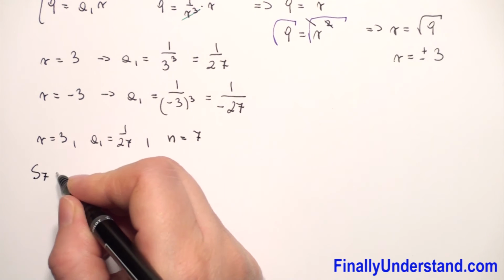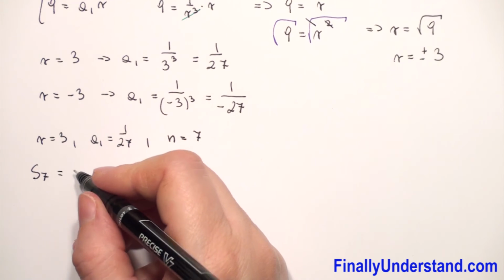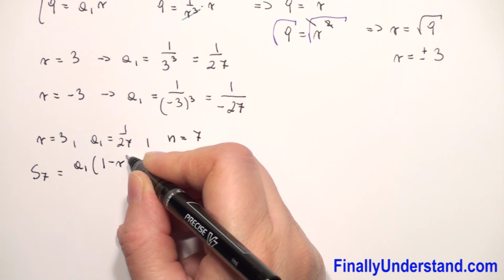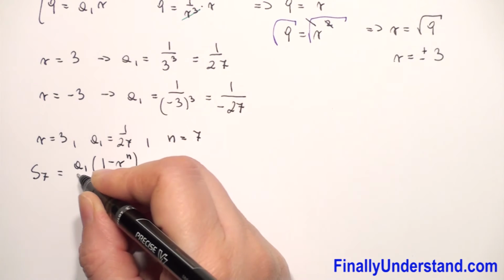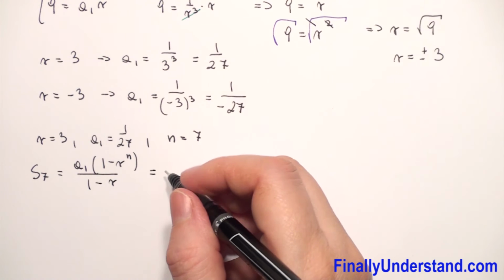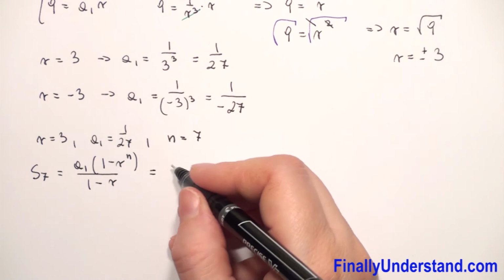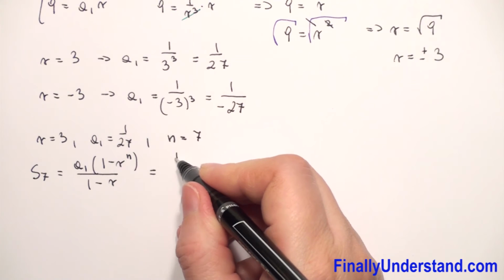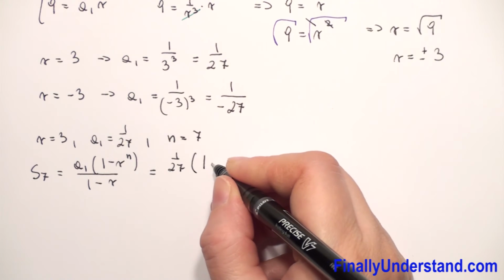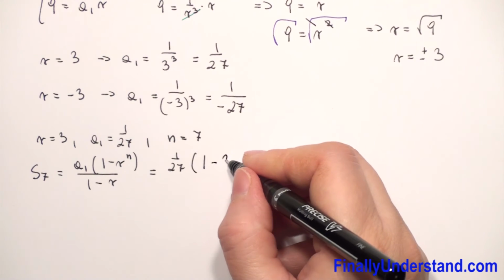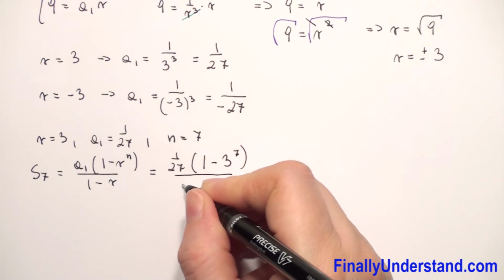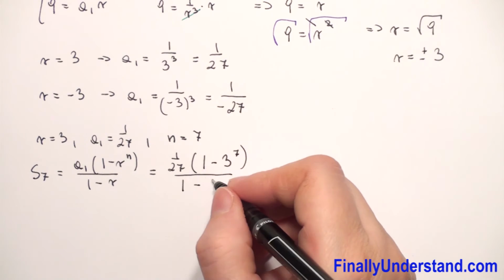So S7 is equal to, let me copy this formula one more time, a1 times (1 minus r to power n) over 1 minus r. So this is equal to a1 is 1 over 27, in parentheses we have 1 minus 3 to power 7, over 1 minus r, which is 3.